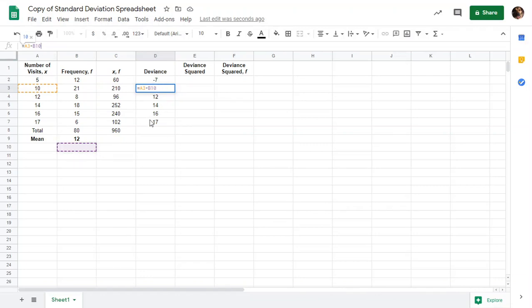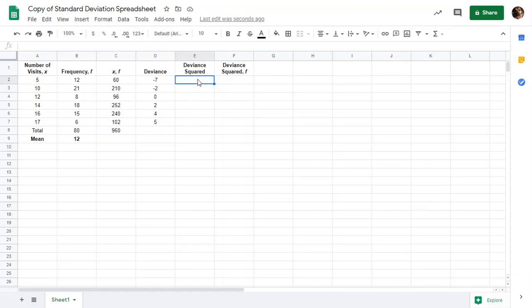So all my numbers are positive and they're all wrong except for the first one. So I need to go back to this top one and put a dollar sign before the 9 there, because that's going to tell my formula that I never want to get away from that 12. So now let's drag this down again. All right, and now we have the deviance.